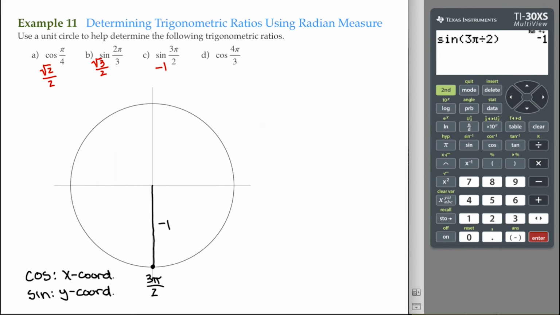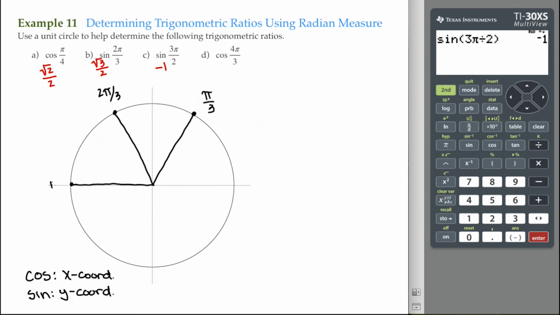Let's try D. The cosine of 4 pi over 3. Here's 1 pi over 3. That's 60 degrees. Here's 2 pi over 3. That's 120 degrees. Here's 3 pi over 3. That's 180 degrees.